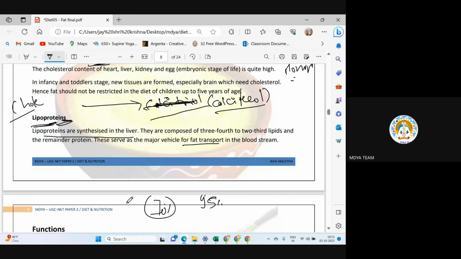If these are not soluble in blood, then what will happen? This is blood vessels. Blood will flow in these blood vessels, and these fat molecules will be on the surface of blood vessels. These fat molecules will not get transported because these are not soluble in blood.